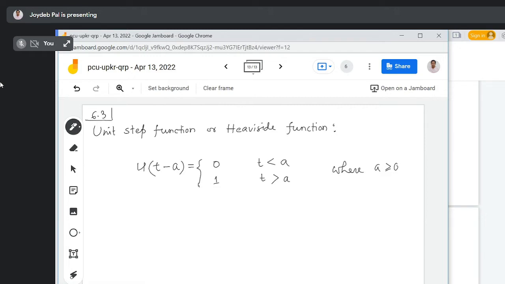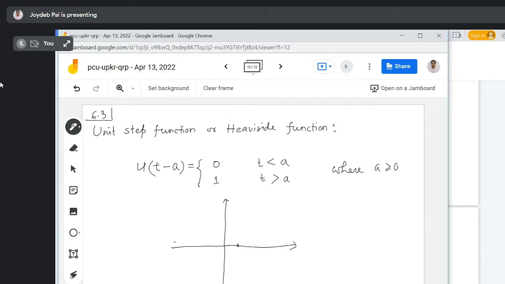So what will be the graph of it? The graph is, already I have shown just a few minutes back. Say the point A lies here on the positive t axis. Then whenever t is less than a, the value is 0.